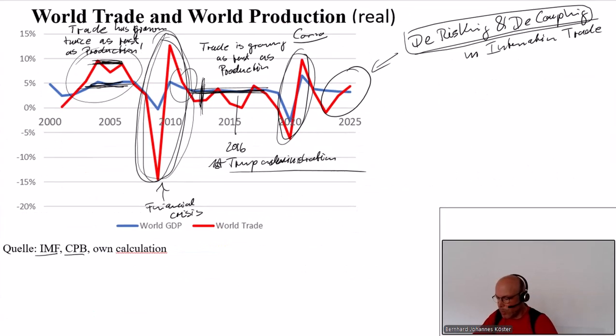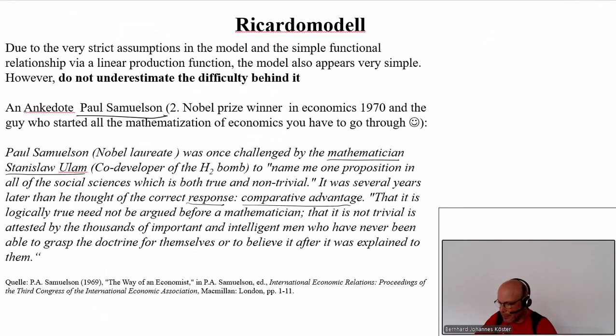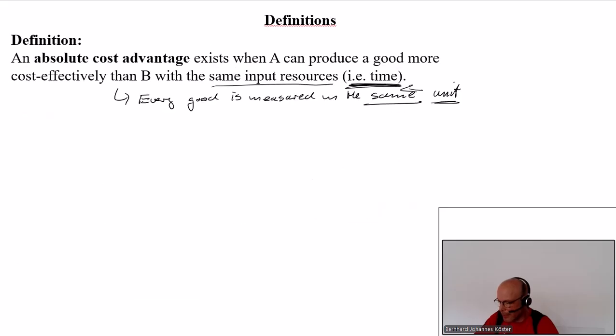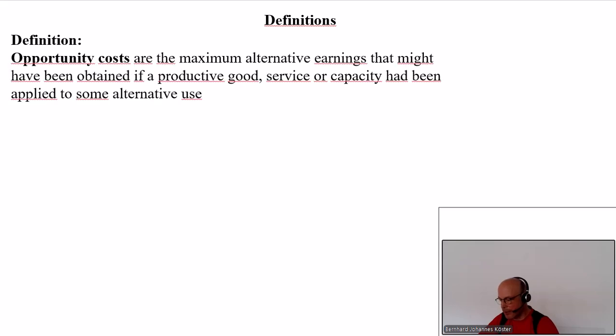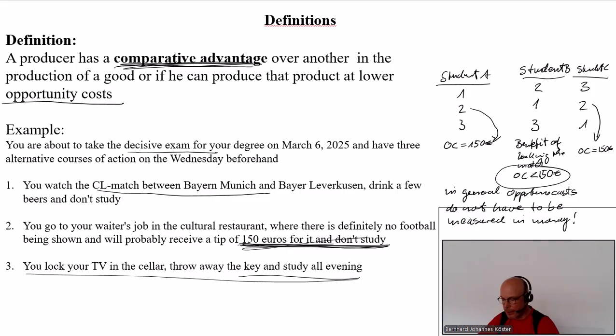Hello, everybody. We started last time with the Ricardo model and especially with the definition of comparative advantage, in contrast to the general concept of absolute advantage, where we are measuring all goods in the same unit, while in the case of comparative advantage, we are measuring every good in a different unit.